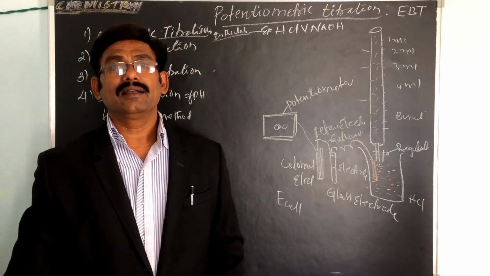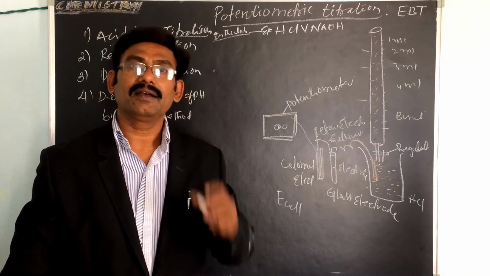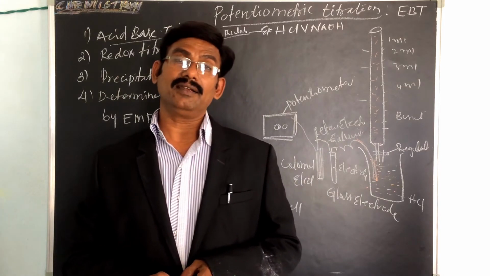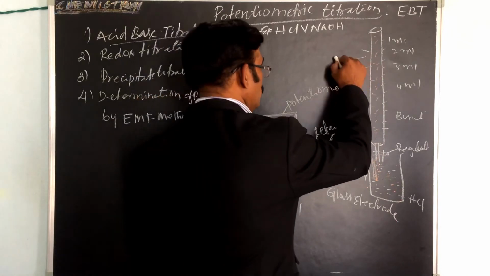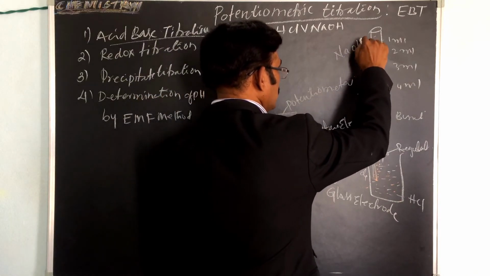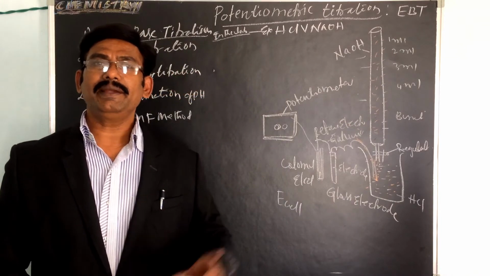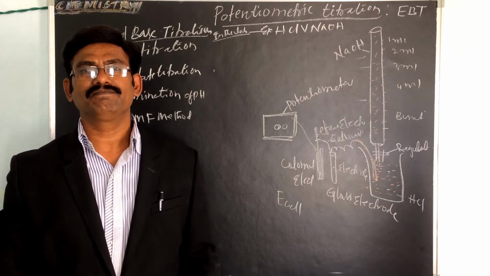The cell is then titrated against standard NaOH, because here we have taken HCl in the beaker. So HCl versus NaOH; in the burette we have to use the NaOH solution.